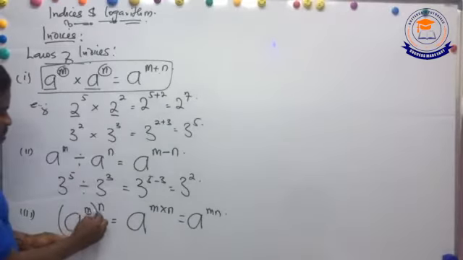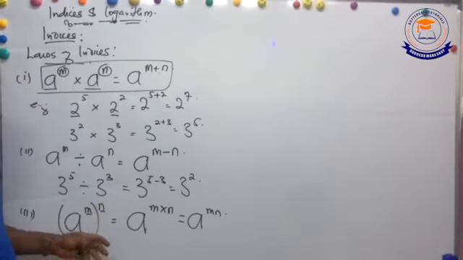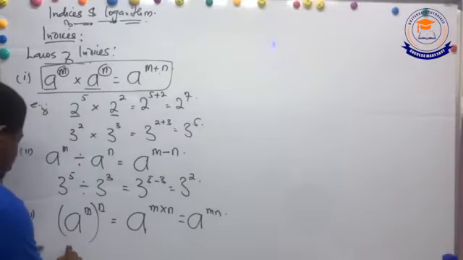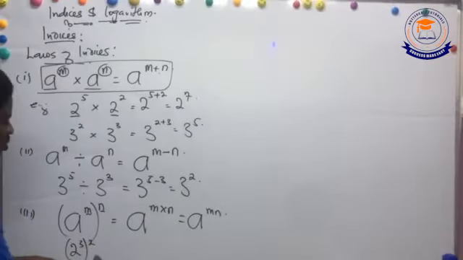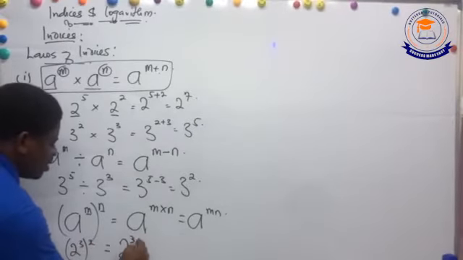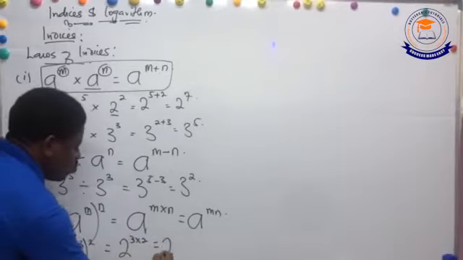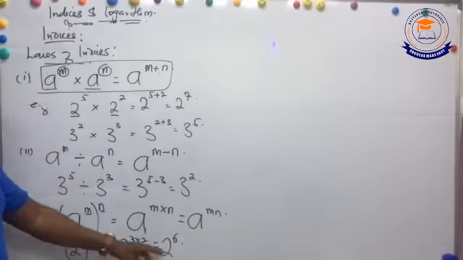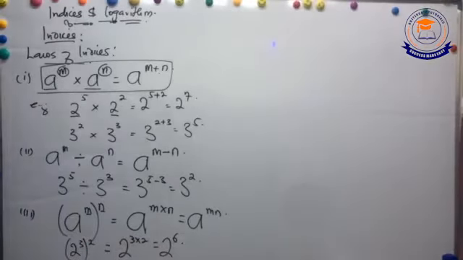When a power is raised to another power, you multiply. An example: if you have 2 raised to the power of 3, all raised to the power of 2, it will be 2 raised to the power of 3 times 2, which is 2 raised to the power of 6. This is the third law of indices.